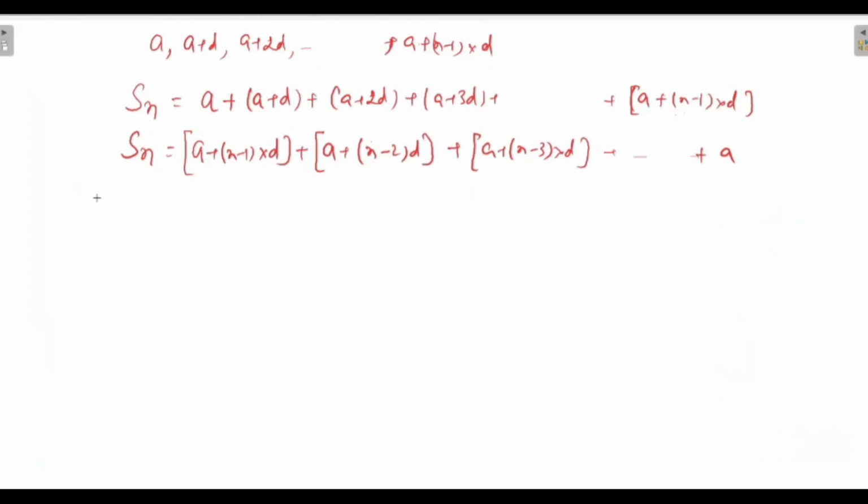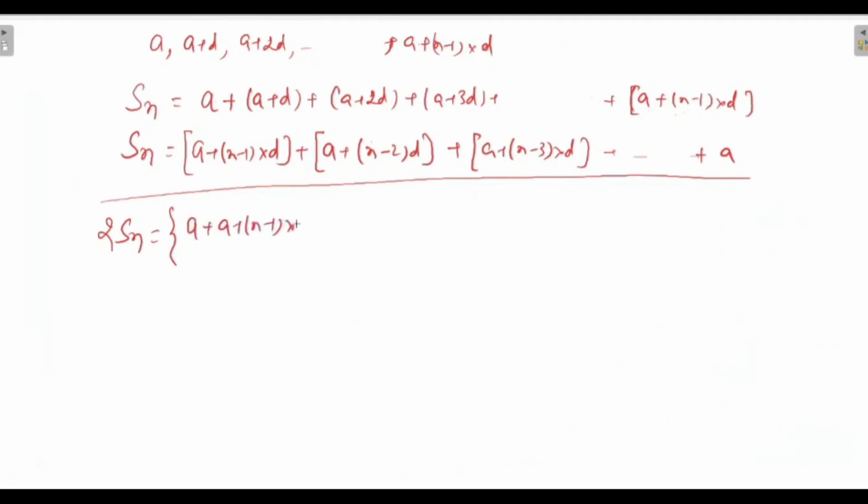So what they're trying to do is say, okay, both are the same, so now let's sum them up. This will become 2Sn, and the first term is summed with the first term here: a plus n minus 1 into d. This is 1. Now sum the second: a plus d plus a plus n minus 2 into d.